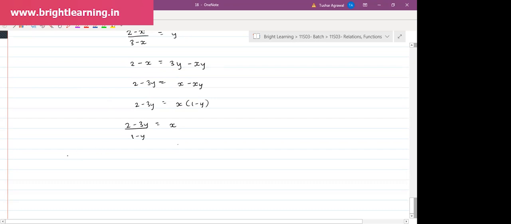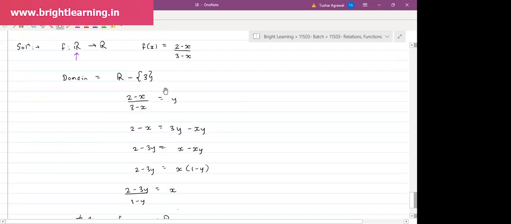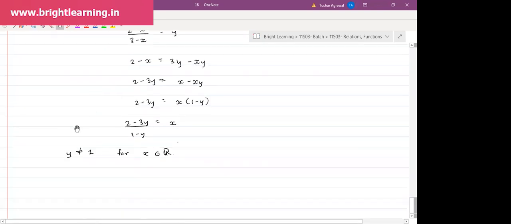Can you see now that y cannot be equal to 1 for x belonging to real numbers? Because if y is equal to 1, then x is not possible. Are you getting it? So what was our y? This y was actually the value of 2 minus x upon 3 minus x. So y can be all real numbers except 1.